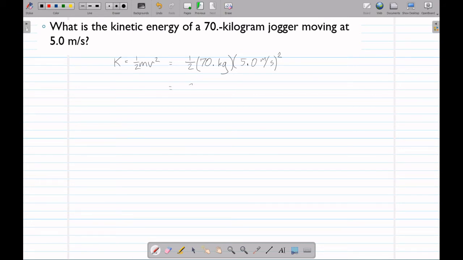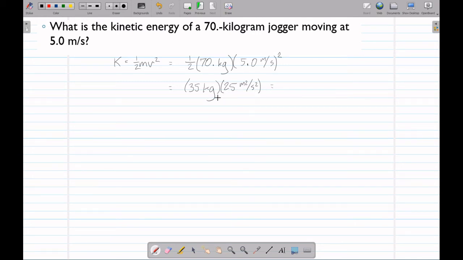Half the mass is 35 kilograms. Half of 70 is 35. And 5.0 meters per second quantity squared is going to be 25, two significant figures, meters squared per second squared.